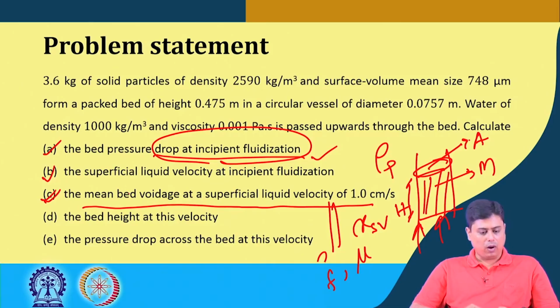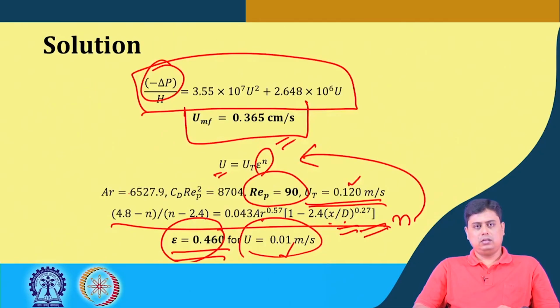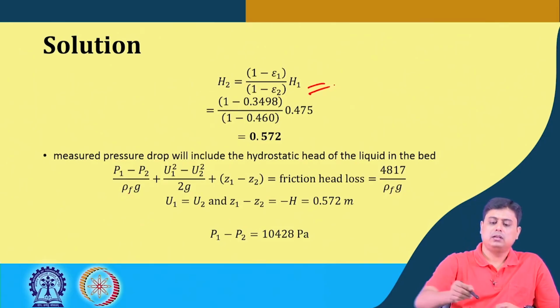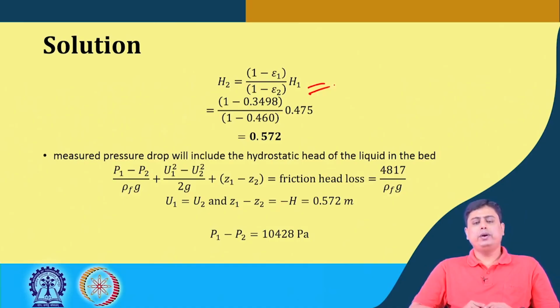Now the question is, what is the bed height at this velocity? We use the simple relation. If you remember this expression as well, where we equated the volumetric flow rate between 2 points. The point 1, say it is the fixed bed condition, point 2 is the expanded condition, where the voidage is epsilon 2, and at fixed bed condition voidage is epsilon 1.